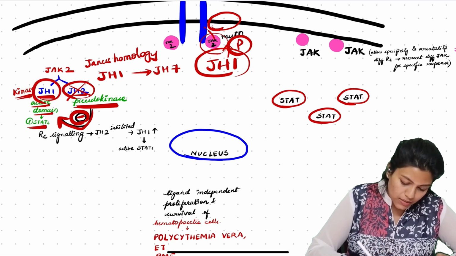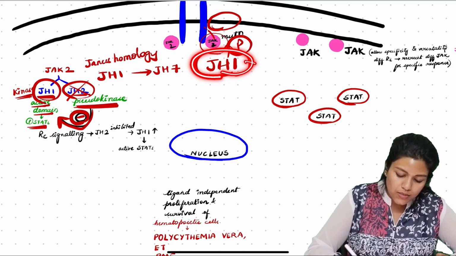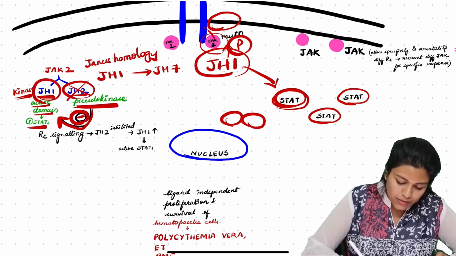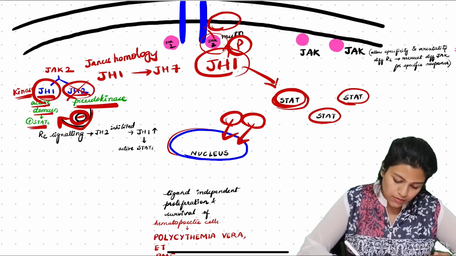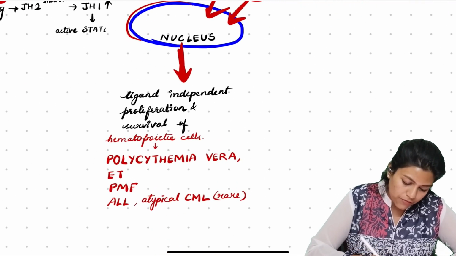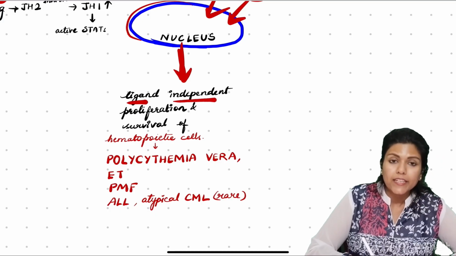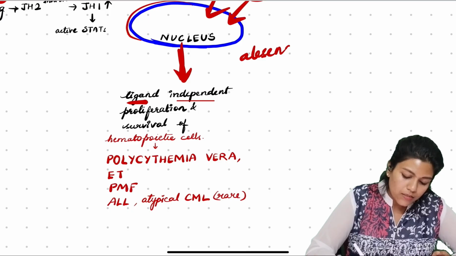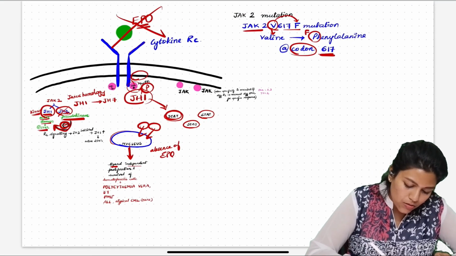This continuously active JH1 means they continuously stimulate the STATs. The STAT dimers will continuously activate, translocate to the nucleus, and cause continuous proliferation and continuous signaling. Therefore, it is ligand independent. Even in the absence of erythropoietin, in the absence of ligand, there is no need of ligand.